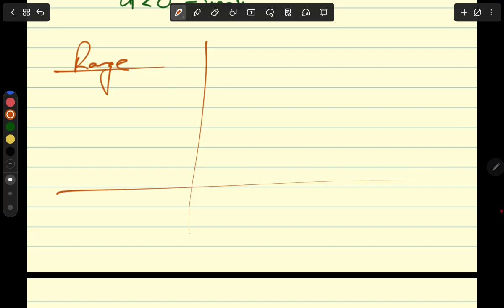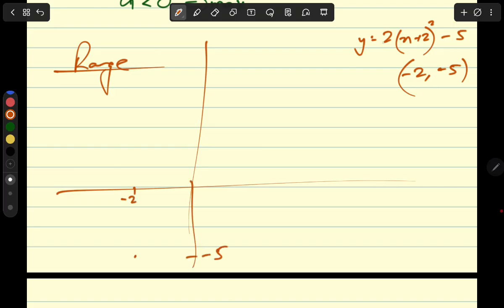If you have a function, let's say y equals minus 2 times (x plus 2) whole square minus 5, I can see that the turning point is at minus 2 comma minus 5. Let's say I also give this a negative.